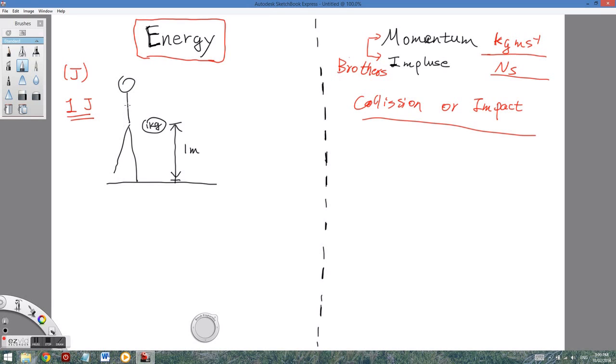If you're holding a kilogram mass a meter above the ground, you are applying 1 joule of energy to it.